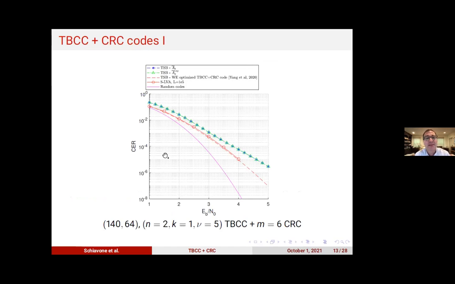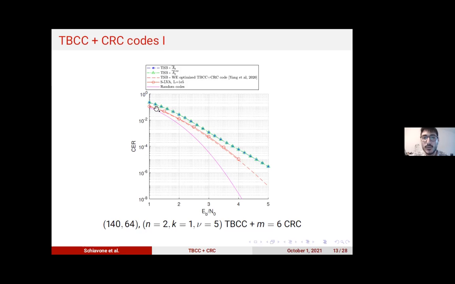Keep going. Let's have a look at our case, using the best degree 6 CRC code with the distance spectrum optimum tail-biting convolutional code of memory 5. We study the performance of the ensemble and the expurgated ensemble, the green and blue curves here.